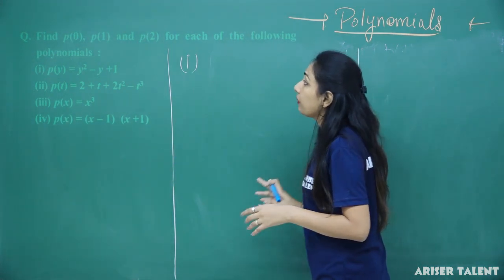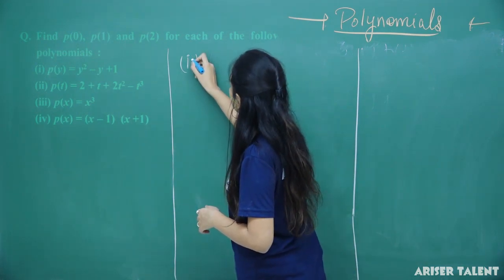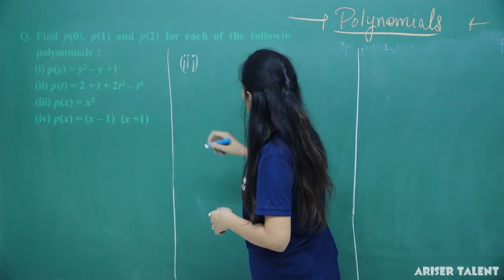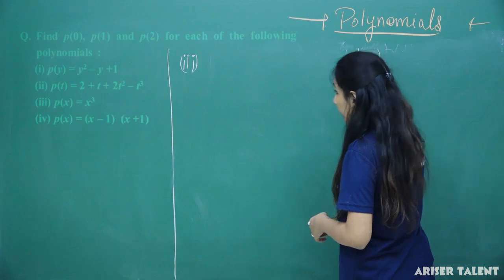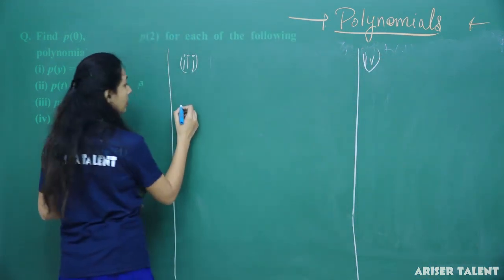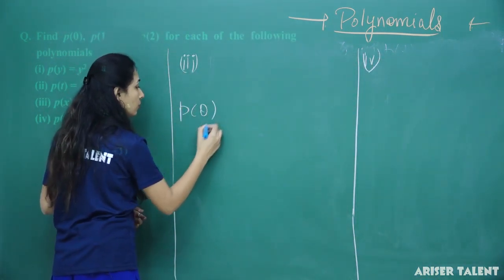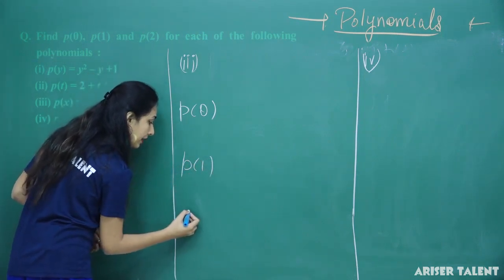So look carefully. Now the third number and the fourth number, again we have to find P0, P1 and P2.